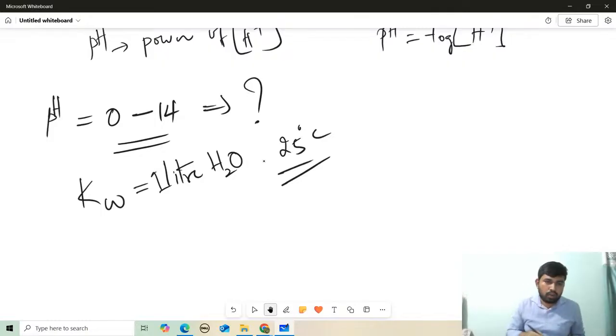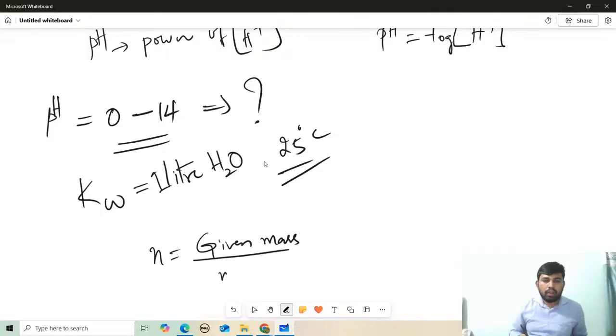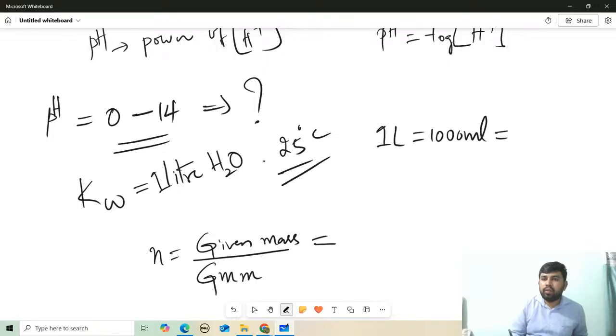Number of moles is equal to given mass divided by molecular mass, the gram molecular mass. What is the given mass, sir? You know very well, 1 liter is equal to 1000 ml is equal to 1000 grams. Why, sir?